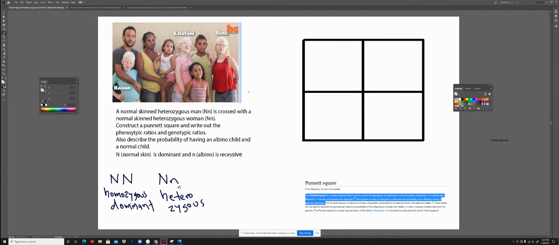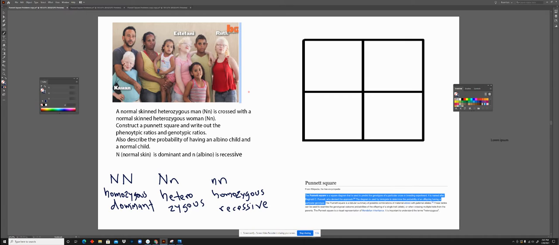Very important to not make that mistake when talking about the genotypes. And we have the last one, which is homozygous recessive. So just remember, dominant would be the capital letter, recessive is going to be the lowercase letter.